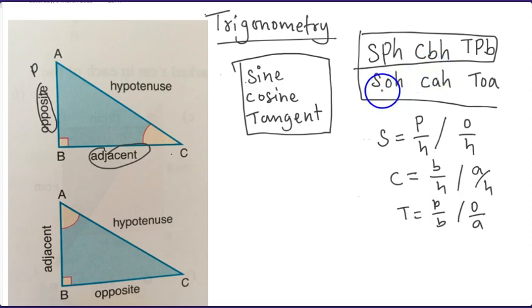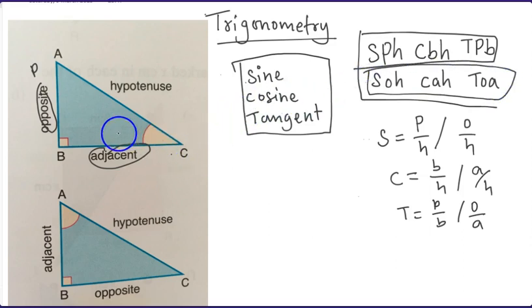And in the second one, O means opposite, so we have a direct translation. S means sine, O means opposite, H means hypotenuse, C means cosine, A means adjacent. We have a direct translation in the second one, SOHCAHTOA.